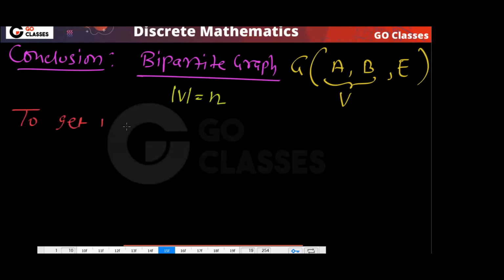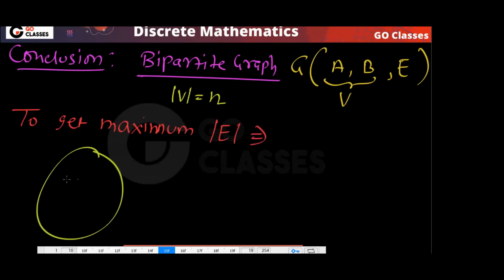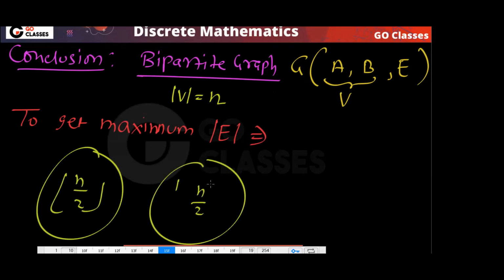To get the maximum number of edges in a bipartite graph, we put half the elements here and the remaining elements here.